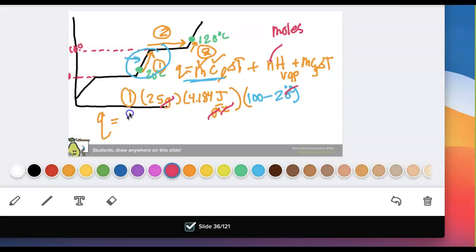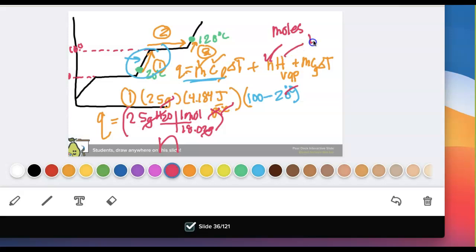It's not hard. 25 grams of water, and water is 18.02 grams per mole, right? 1 oxygen plus 2 hydrogens. So this right here is n. This is how you get n, grams to moles. So n is taken care of.